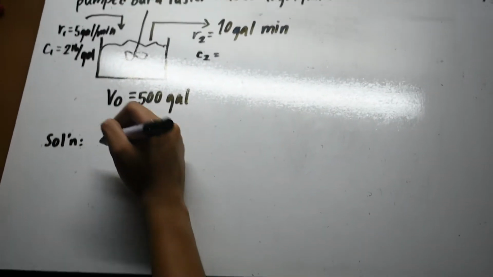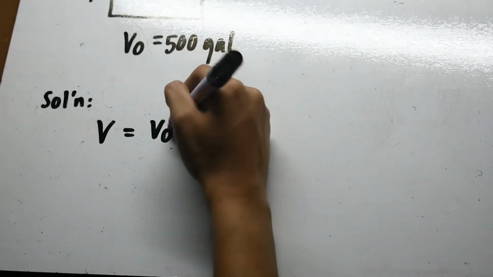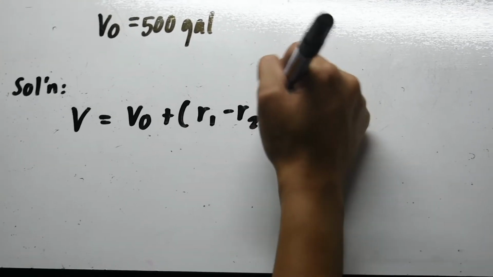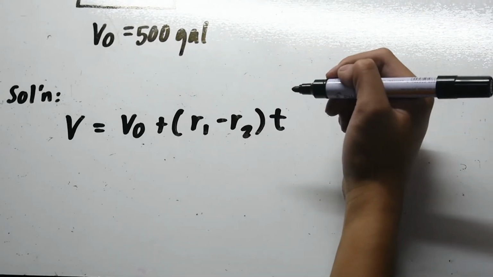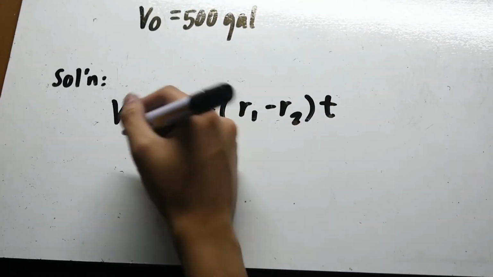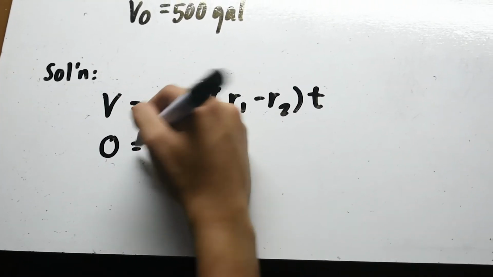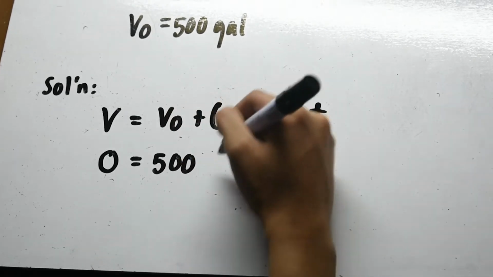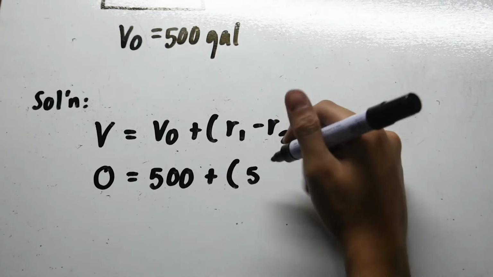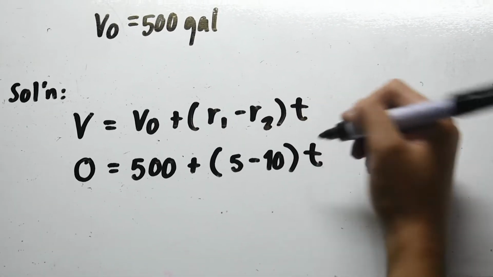The formula for V is equal to the initial volume plus R1 minus R2 times time. We need to find the time when the tank's volume is 0. So we let the volume of the tank equal 0. The initial volume is 500 gallons plus R1, which is 5 gallons per minute, minus 10 gallons per minute, times the time.